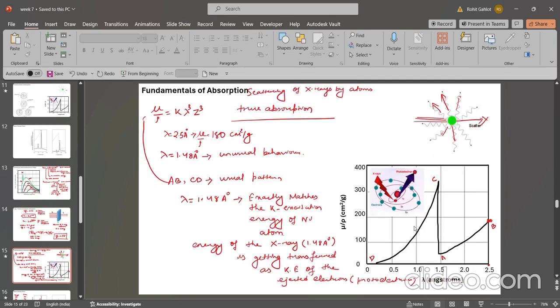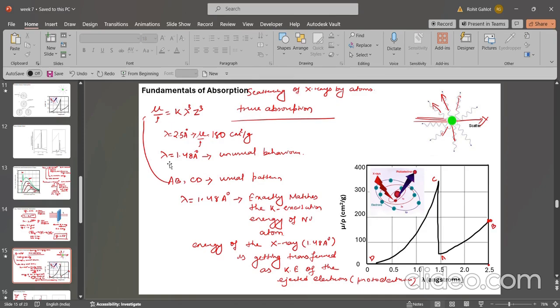Then if you move further to the fundamentals of absorption and scattering of X-rays by atoms, suppose lambda is around 2.5 angstrom, then mu by rho is around 180 centimeter cubed per gram. For lambda around 1.48 there is unusual behavior.